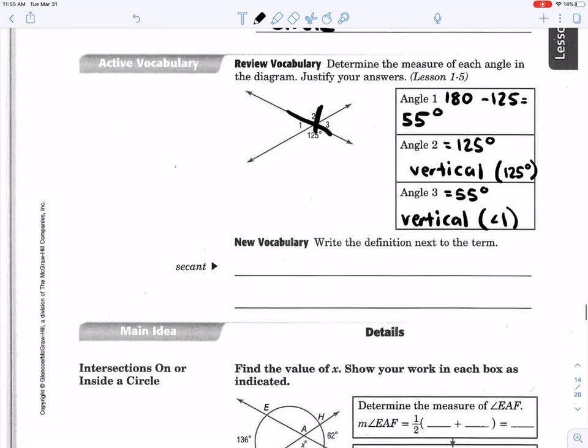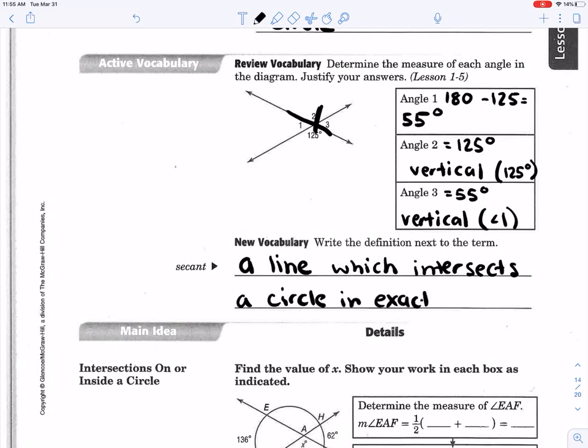Write the definition next to the term. So secant is a new term that we were given in this section, and a secant is a line which intersects a circle in exactly 2 points.